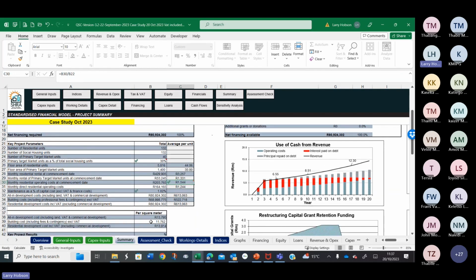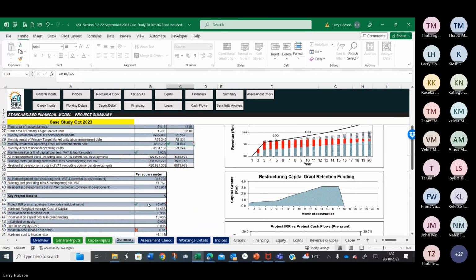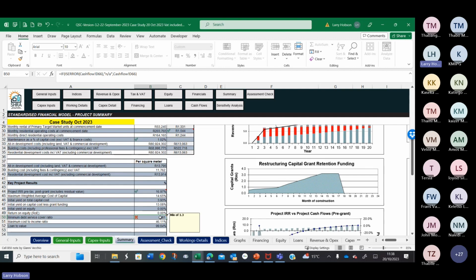Our maintenance costs are the same. Our project IRR is fantastic. Beats the target. But we can't repay our debt. So that is the problem. That's going to make us fail the quick scan A.